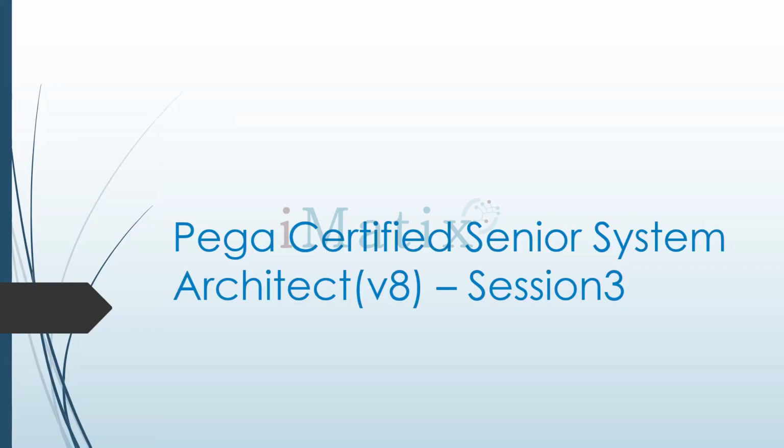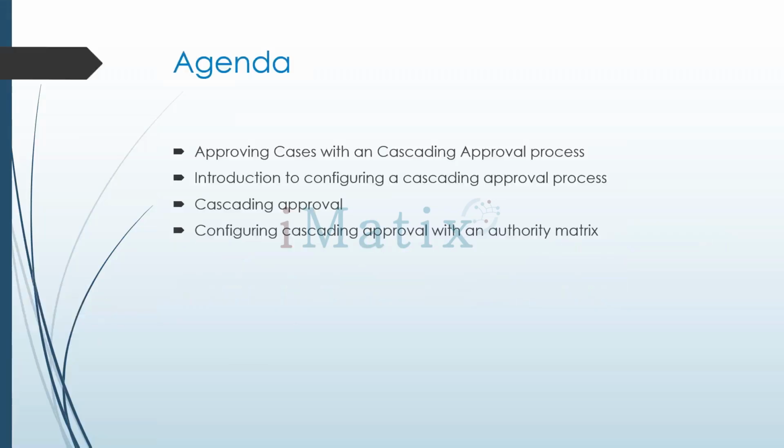Like you would route it to a work queue or to a specific user or through a business logic. But what if I have a series of approvals? I have different levels of approvals that are required and they have to be taken in the same order. I have a designated or specified order in which the approvals have to be taken. How do we deal with that?